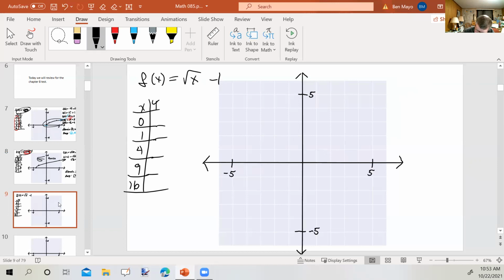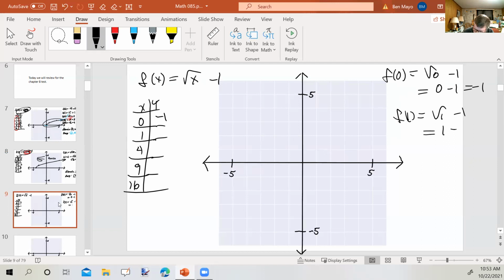Okay. So f of 0 is the square root of 0 minus 1. Well, the square root of 0 is 0, and 0 minus 1 is -1. Okay, let's see. f of 1 is the square root of 1 minus 1.